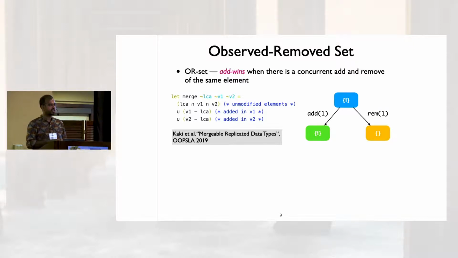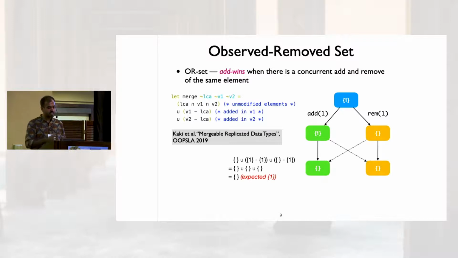You could remove the element 1 on a different branch. You get an empty set. If you just look at the execution at this point, there's a concurrent add and a remove. OR-set says there should be this 1 in the merged set. But unfortunately, this is not the case. The crux of the problem is that this add was essentially ignored.